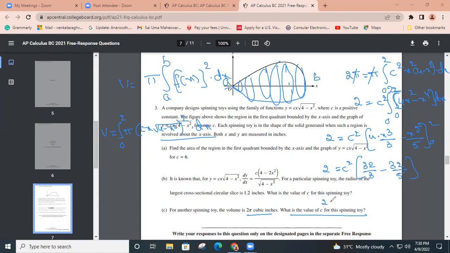So 2 is equal to 32 c square into (5 minus 3) by 15, which is 64 c square by 15, 2 gets cancelled. c square is 15 by 32. c is equal to root of 15 by 32.